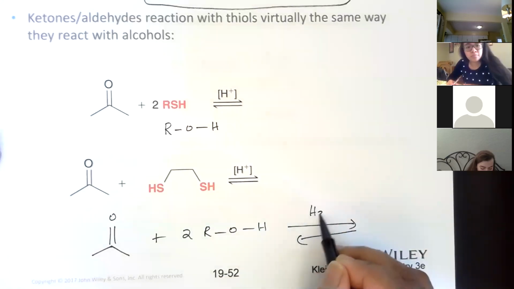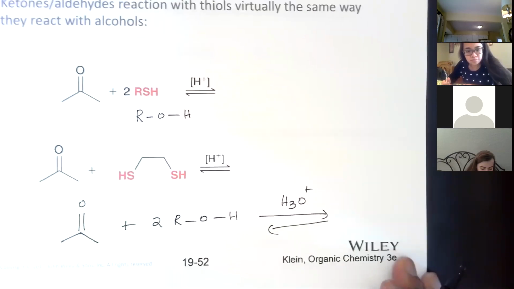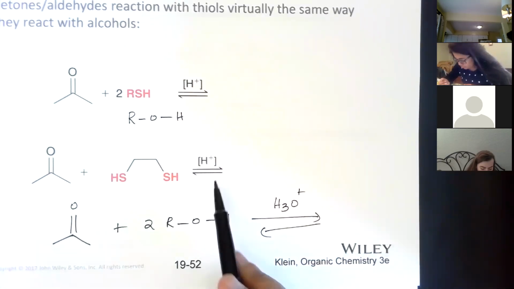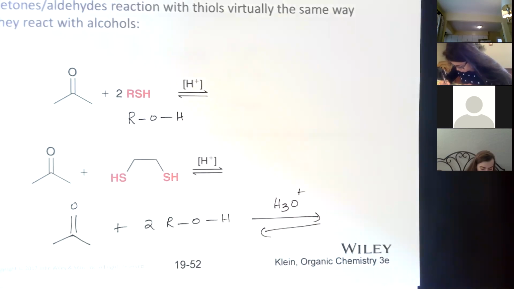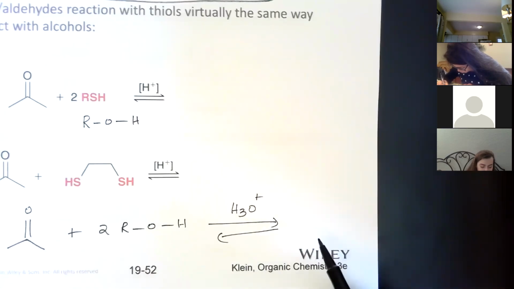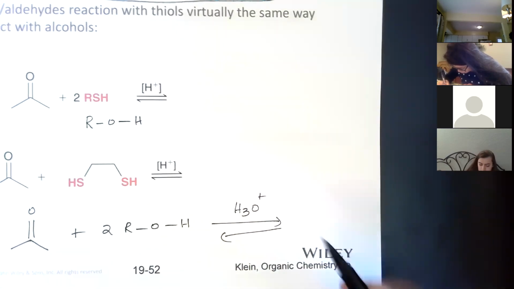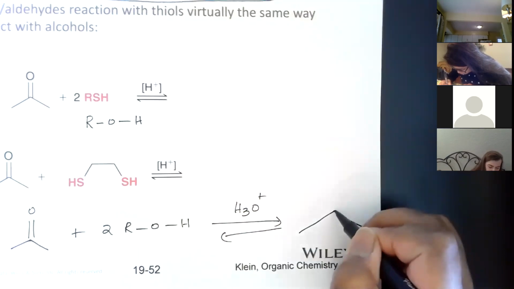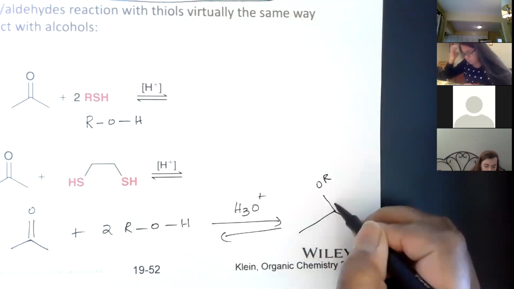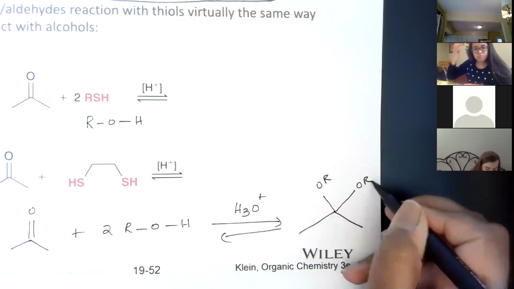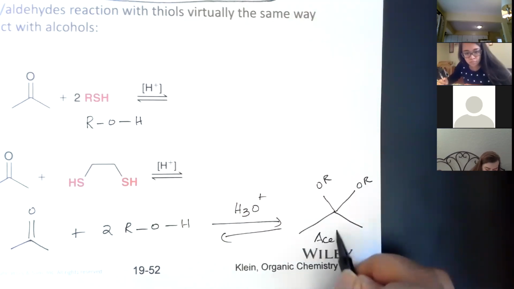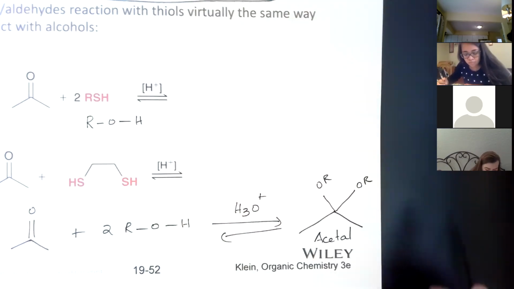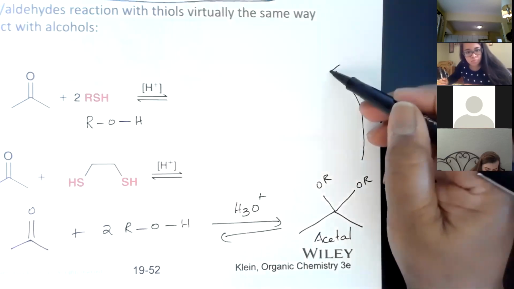H plus, in parentheses, means acid catalyzed proton transfer. How will you draw the product here? I can keep drawing it over and over again. Can you draw a similar structure here?